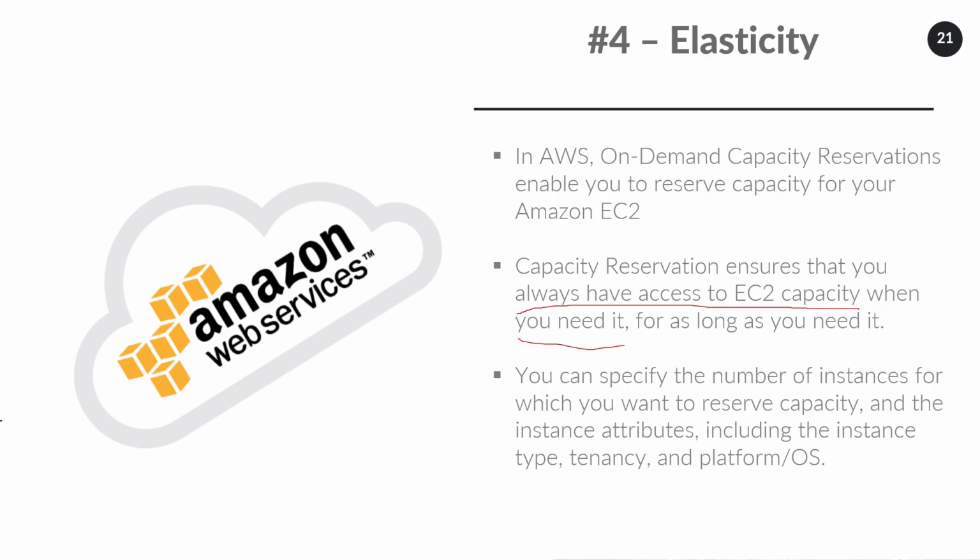And there you can specify the number of instances you want capacity reservations for, the instance attributes, instance type. There are different types you will see when we work with AWS, tenancy, OS, etc.